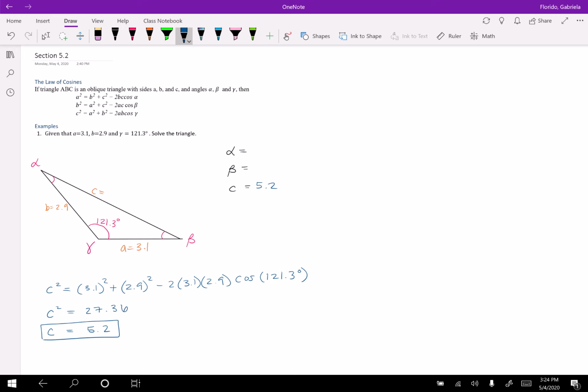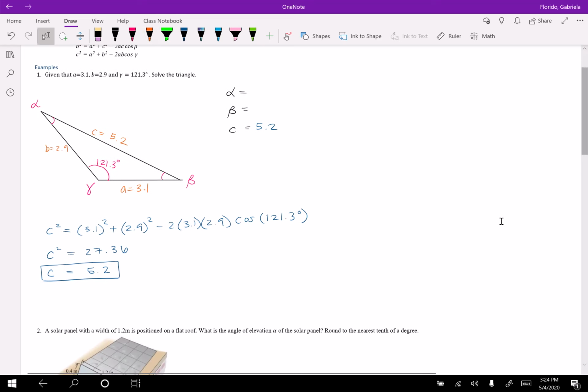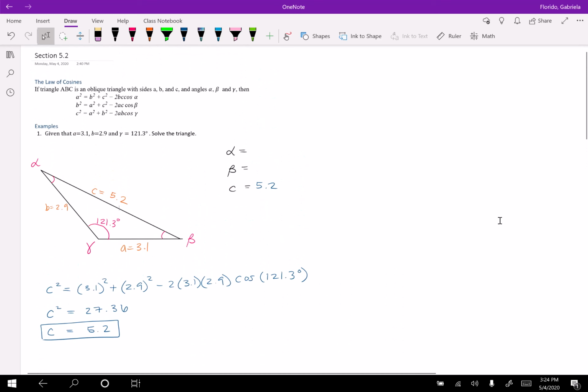Now we have to find alpha and beta. Now that we have little c, we have more possibilities. So let's find alpha. In order to find alpha, we're going to have to use the first formula: a squared is equal to b squared plus c squared minus 2bc cosine of alpha.